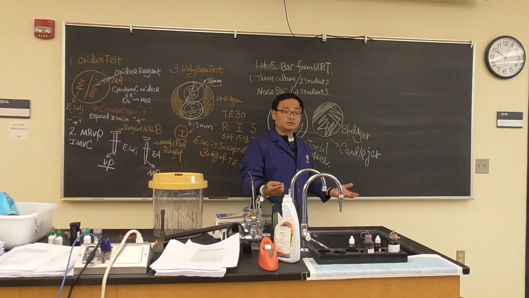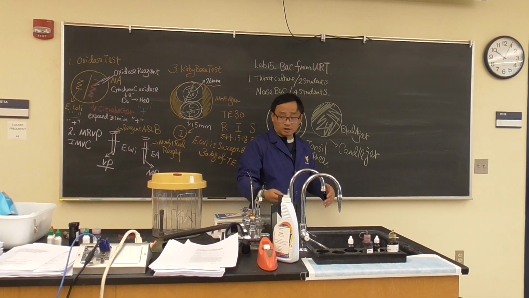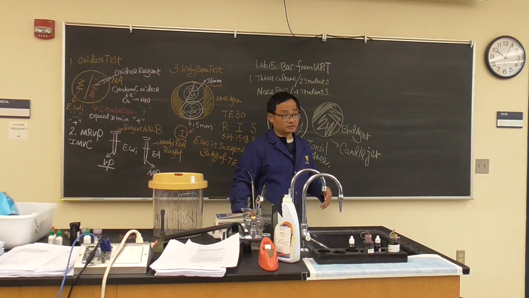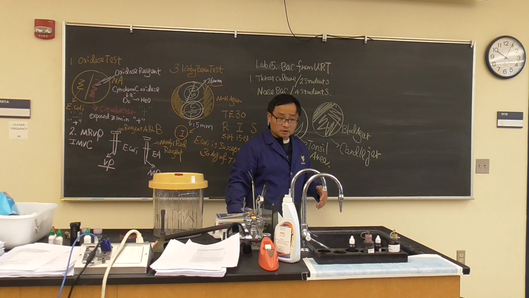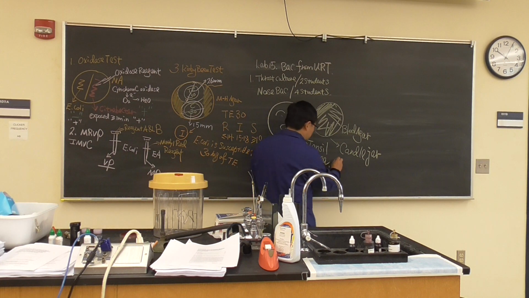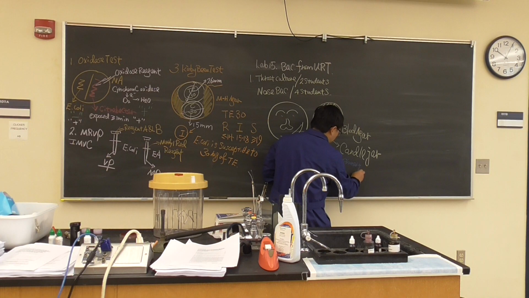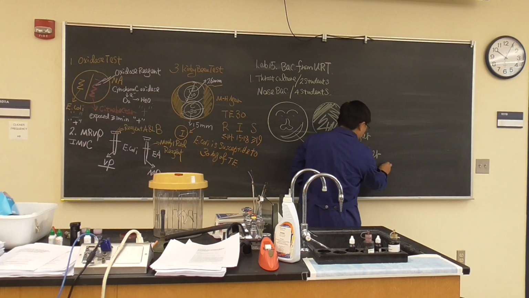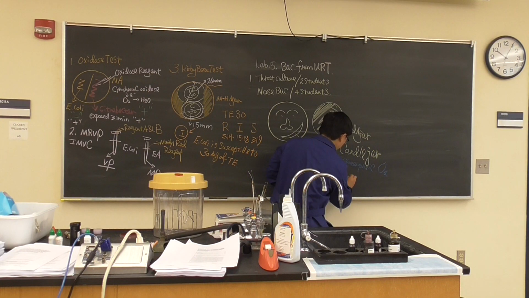We do the lighting, and the oxygen is gonna go when we cover it. So what this means is it reduces the amount of oxygen. So we create a microaerophilic environment. This oxygen is approximately 5%.